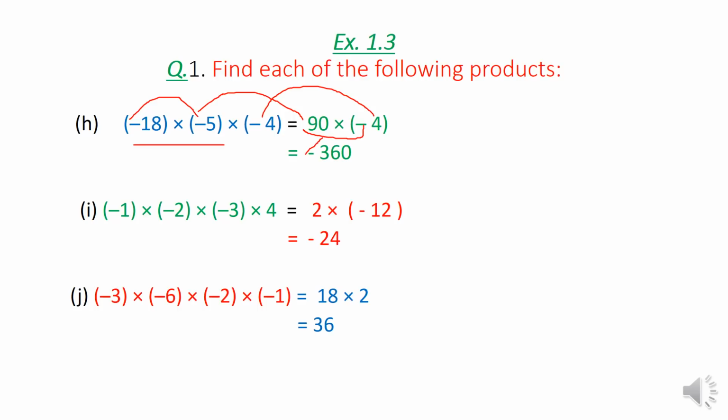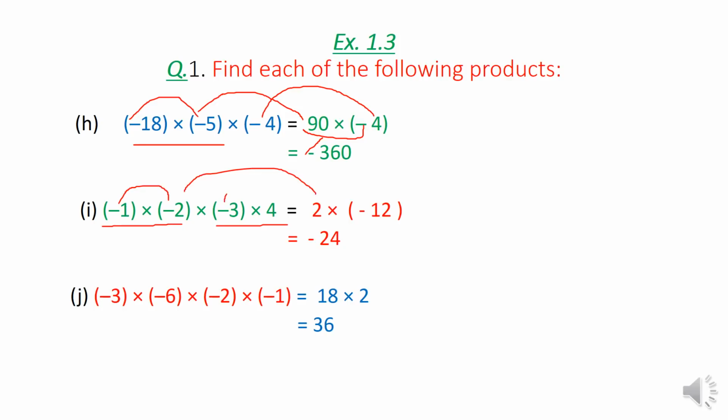Now let us see the next question, I. Minus 1 multiplied by minus 2 multiplied by minus 3 multiplied by 4. Here are 4 integers, that's why we will make groups of 2 and 2, that is the first 2 and the next 2. So minus 1 multiplied by minus 2: minus minus is plus, and 2 multiplied by 1 will become plus 2.